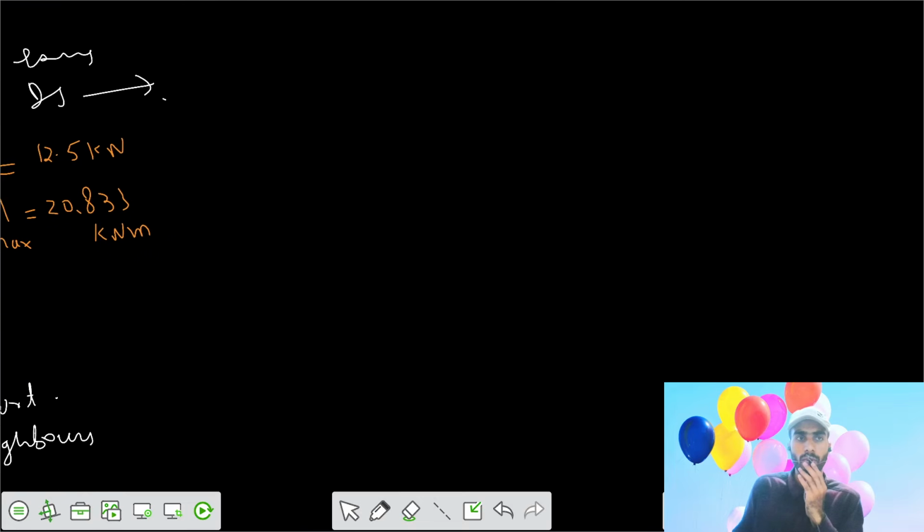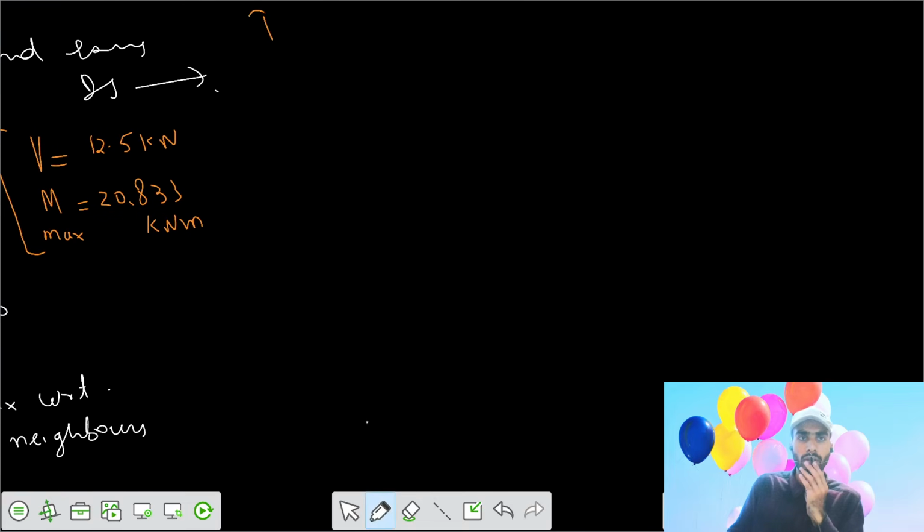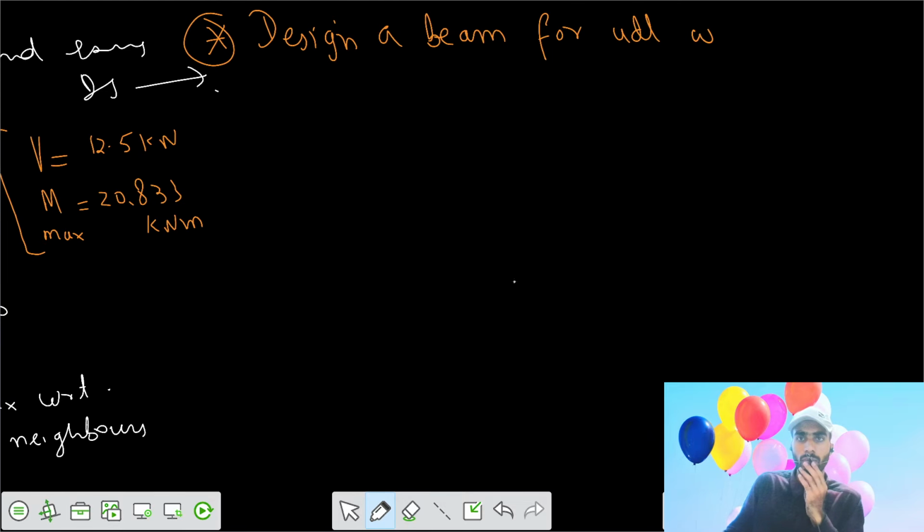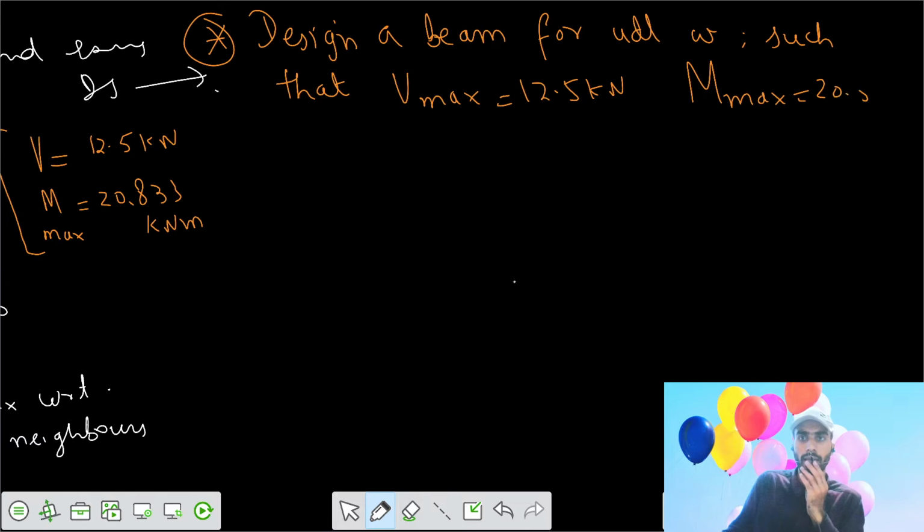Now let's make one question that you need to design a beam in which there is only UDL, W such that Vmax equals to 12.5 kilonewton and Mmax equals to 20.8333 kilonewton meter.